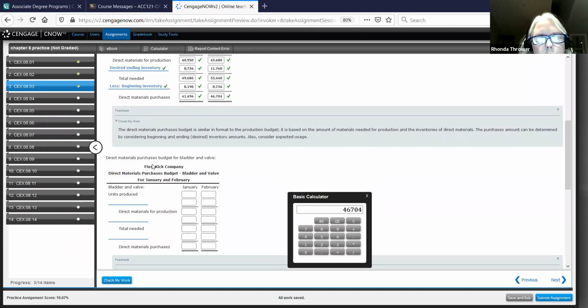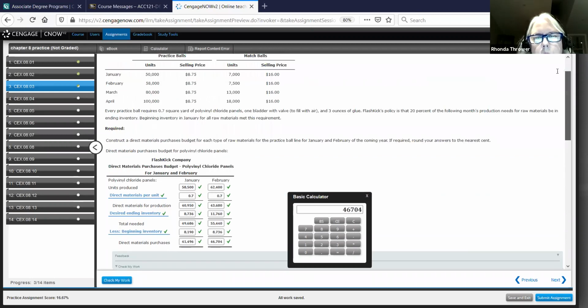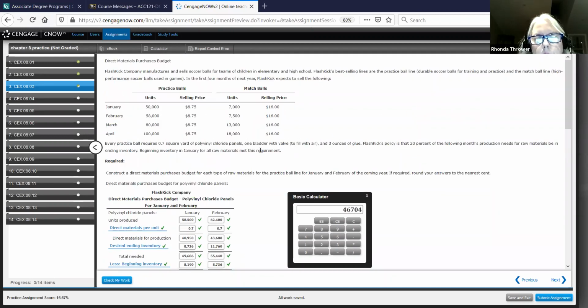The next one is the purchases budget for the bladder and the valve. And so if you read your problem, there is one bladder and one valve to fill air.